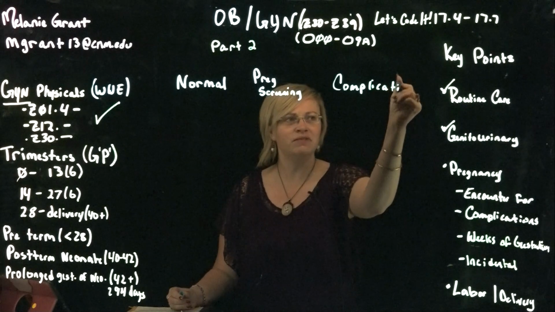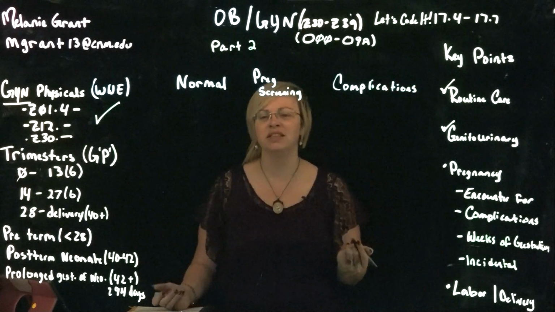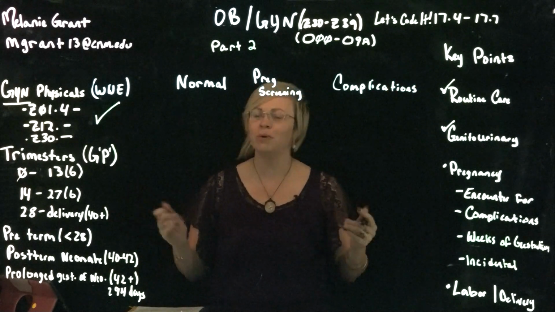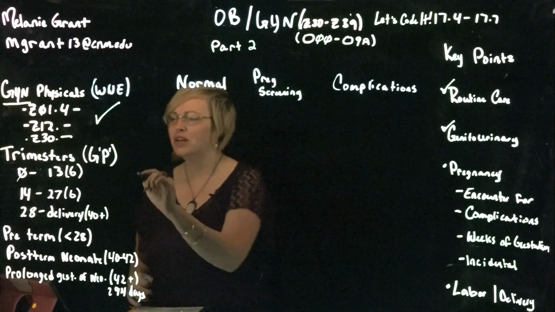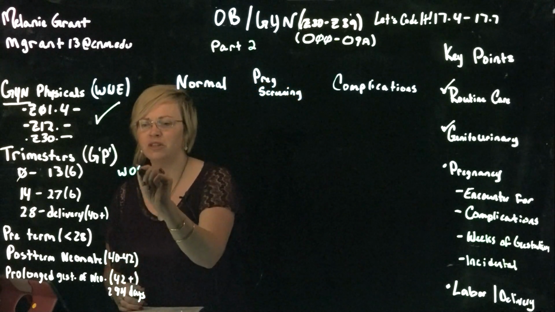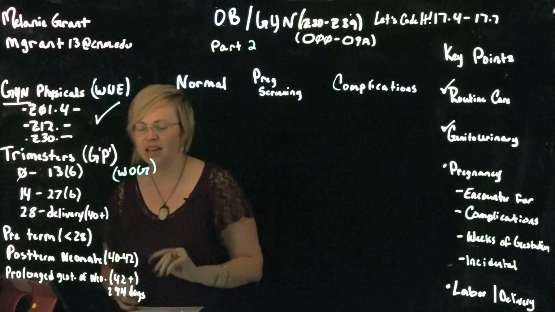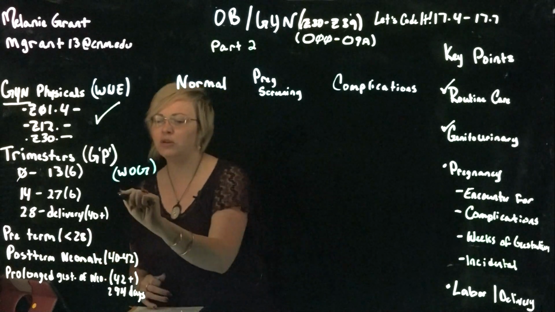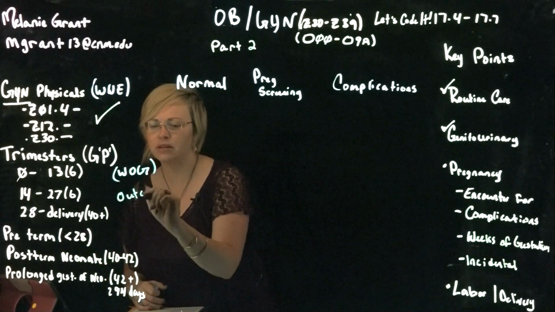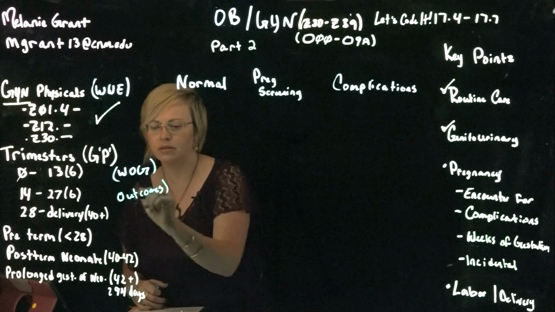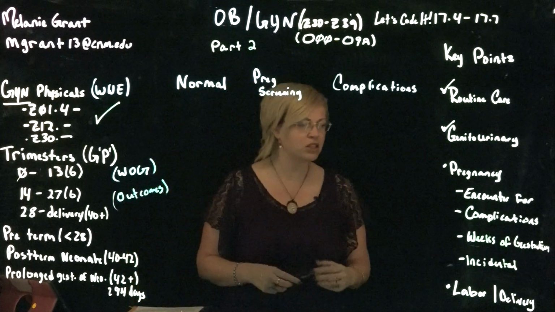And each of these have different types of codes that you need to list in addition to, well, a couple other items. Some of them are weeks of gestation, and if they deliver, then you want outcomes of delivery. So we'll talk about those here in just a minute.